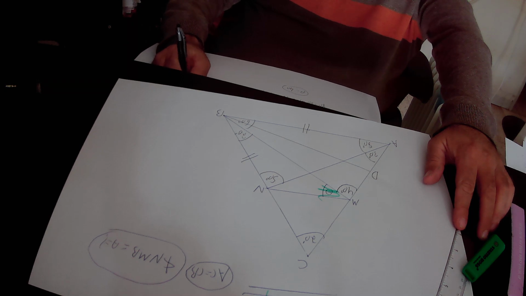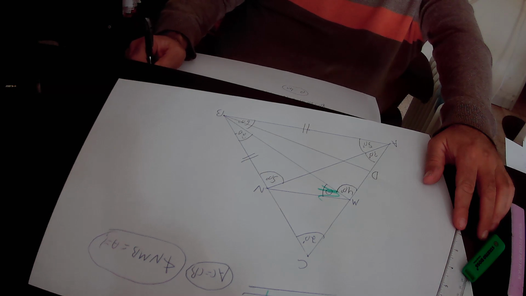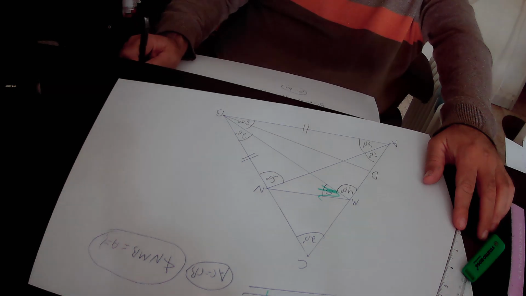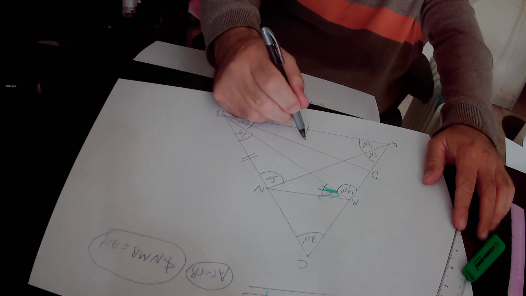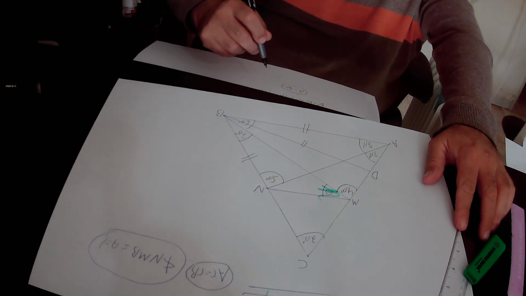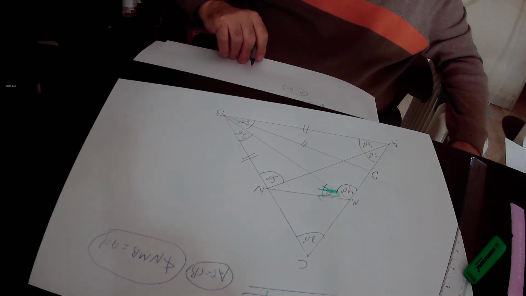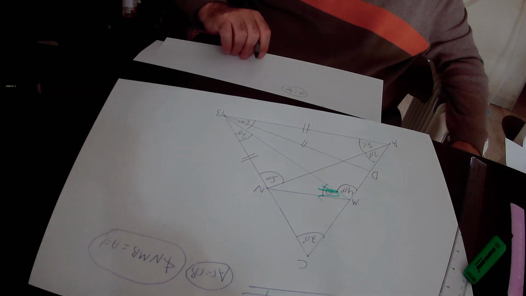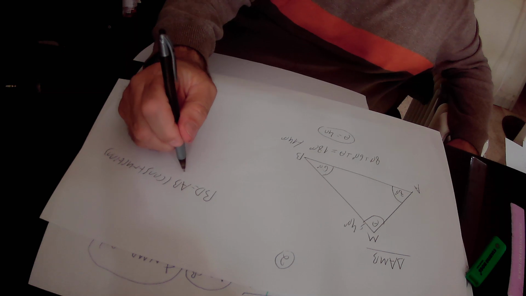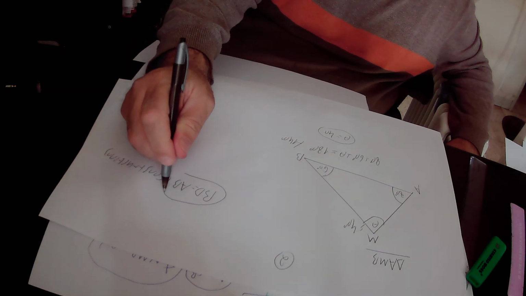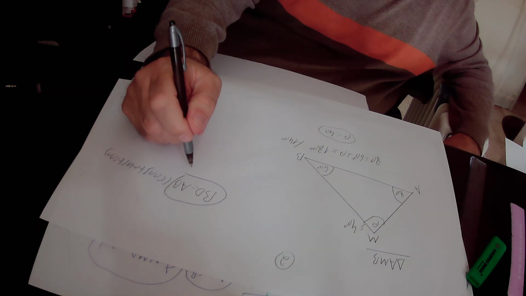BD equals AB according to our construction. So from one side, BD equals AB according to our construction.